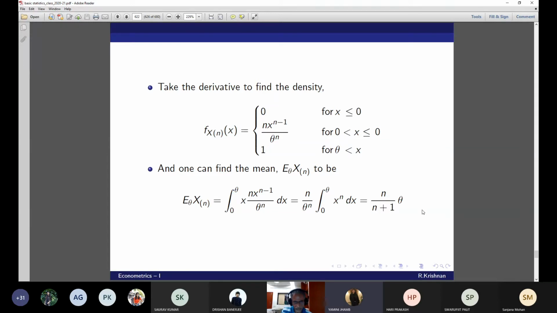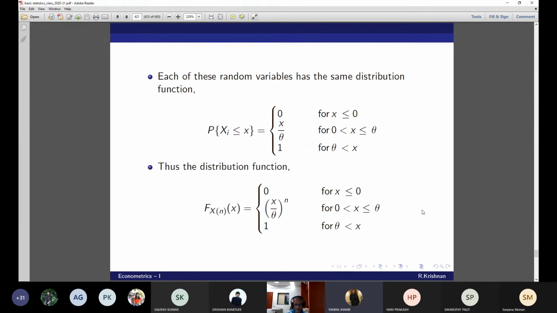But this is essentially the distribution function for Yn only, right? Because Yn is the maximum of all the X_i's from 1 to n. Why power n in the distribution function? Because of independent and identically distributed.